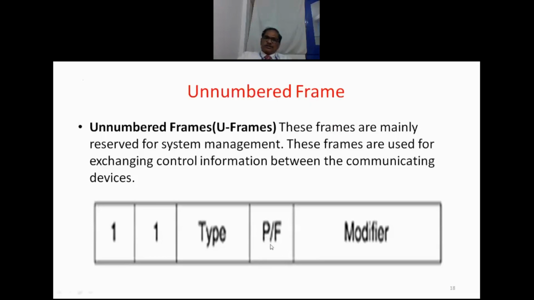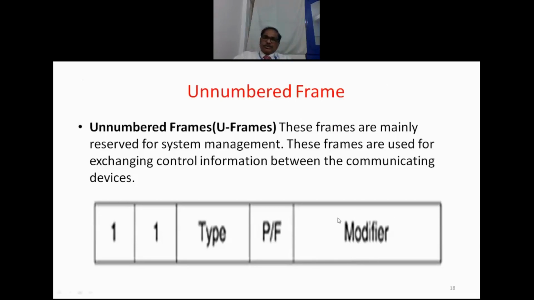Then it is used as polling, and this will be used as the address. Whether anybody wants to send or receive frames, depending on what type of communication they want, they can include that in this.